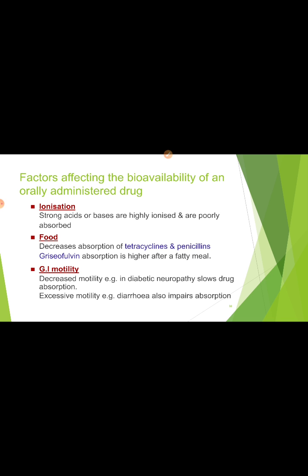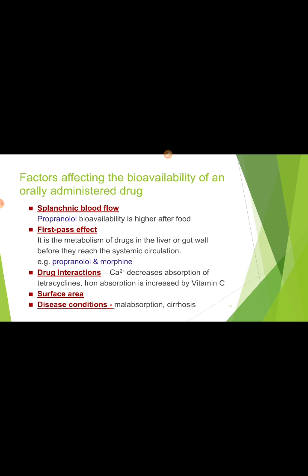So very slow motility and very fast motility are both not good for the bioavailability of any drug. Another factor is blood flow. As we have discussed in the blood flow factor of absorption, here comes the same. The more the splanchnic flow, that is the blood supply to the intestines, the more the absorption of the drug.